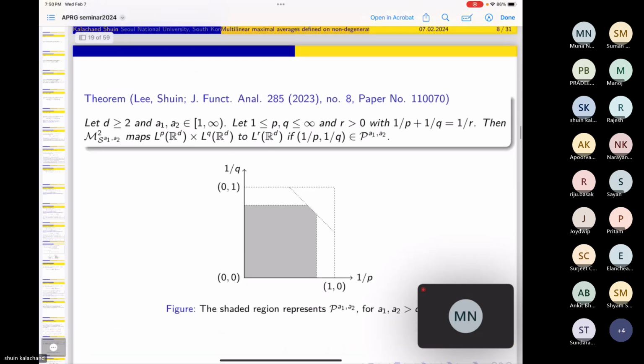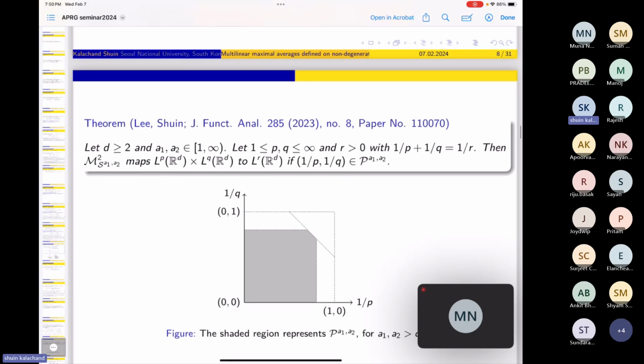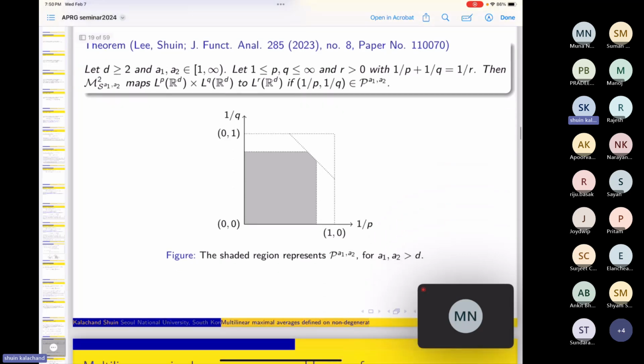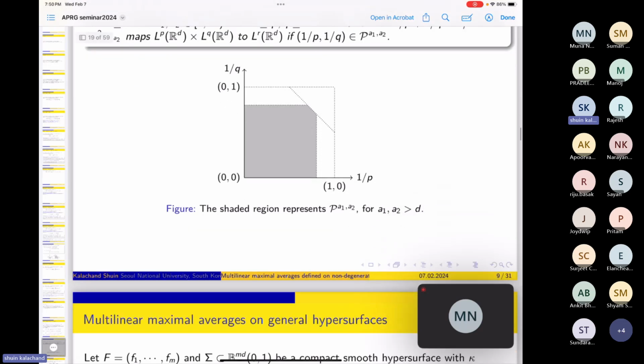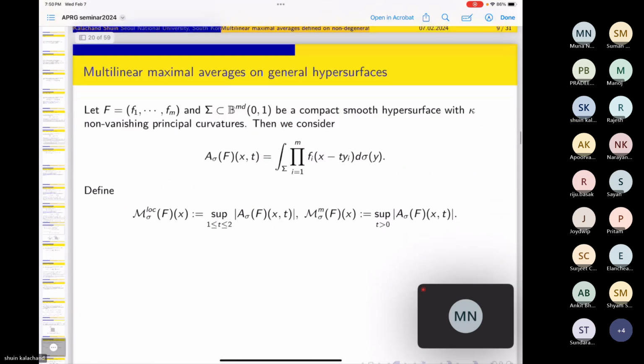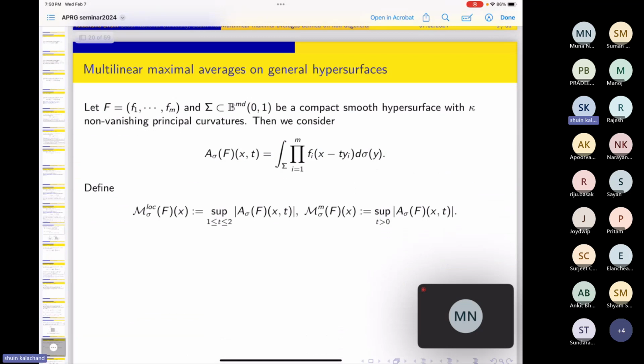Now, for the sphere and this hypersurface, we have a generating function for the hypersurface. If we only know that a hypersurface has some curvature condition, but we don't know anything about the generating function, then what can we prove about the maximal function defined on those hypersurfaces? So we want to consider more general hypersurfaces. Let sigma be a compact smooth hypersurface contained inside the unit ball with kappa non-vanishing principal curvatures.